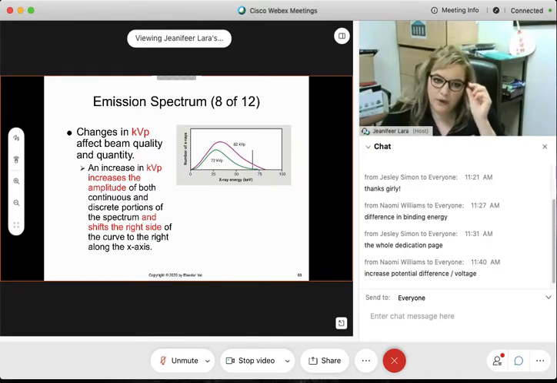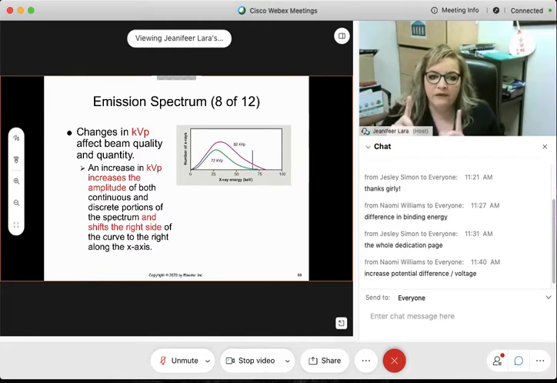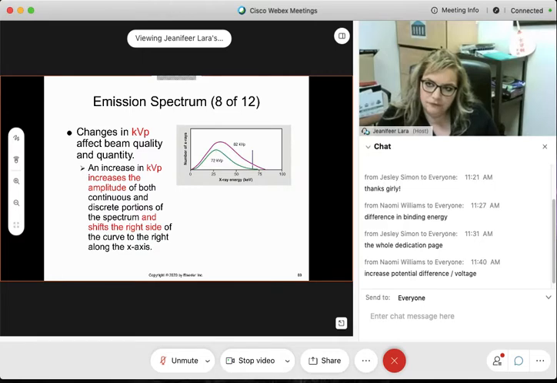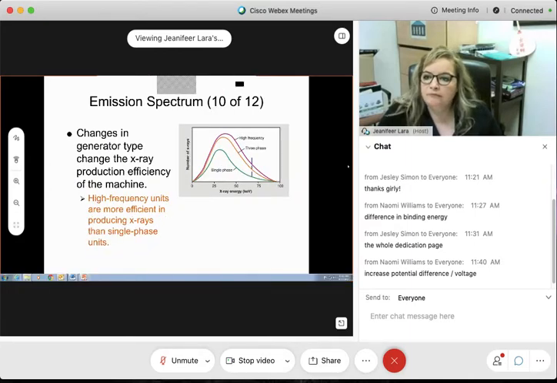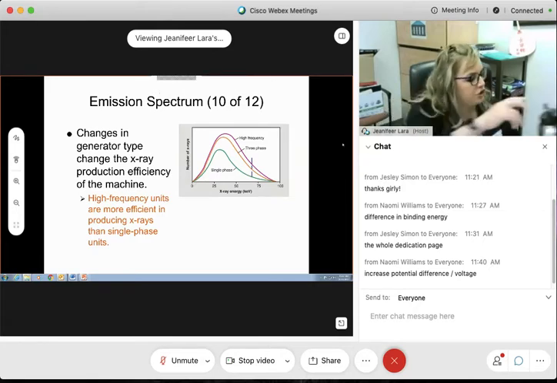Yes? Okay. So we do know now that kVp increases the amplitude, but if we increase kVp, we've also done what? We have shifted the amplitude to the right. Why? We made the peak of the energy higher than this one. Why did it shift to the right?